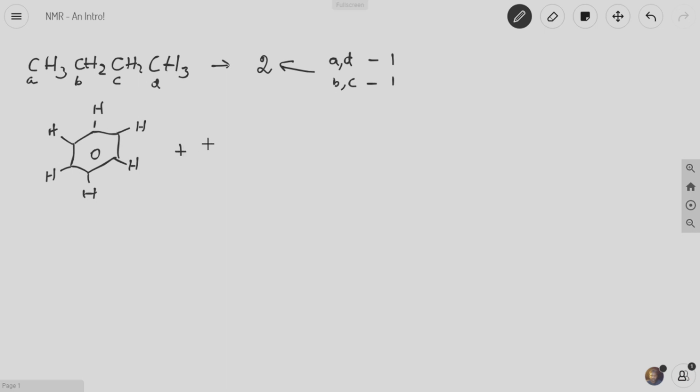So if we try to perform electrophilic substitution on the benzene ring, we can easily see that all the 6 hydrogens, all the 6 positions are equivalent. We cannot say that the electrophile only goes here, the attack is only from here or anywhere else. So the number of NMR signals we get in case of benzene is 1.